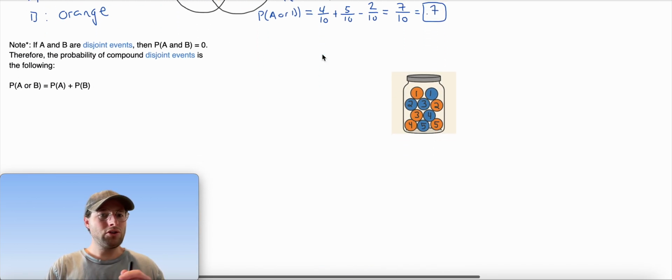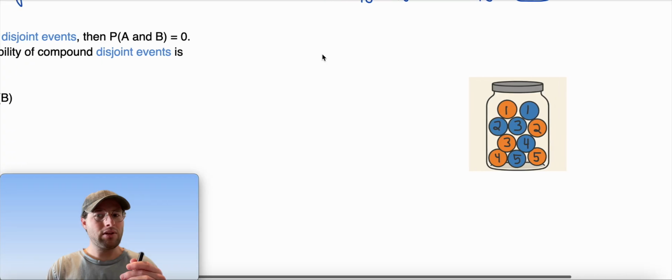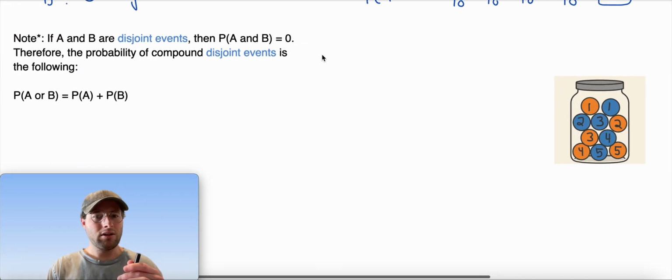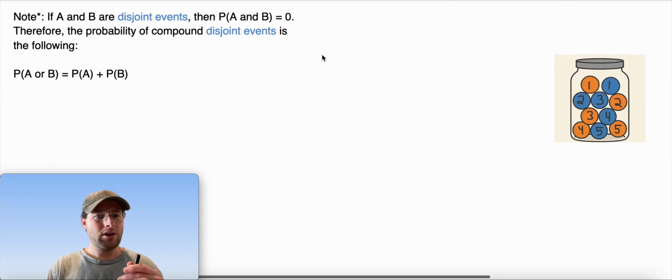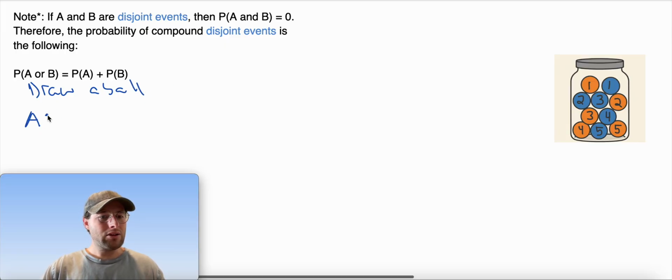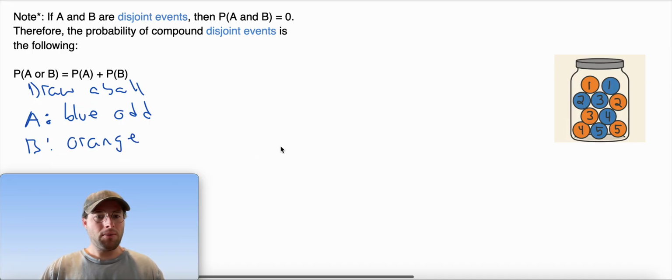All right, so let's look at calculating the probability of one of these examples here. Zoom out a little bit. Okay. For this one, let's consider that we draw a ball, and event A is going to be drawing a blue odd, and event B will be drawing an orange ball.